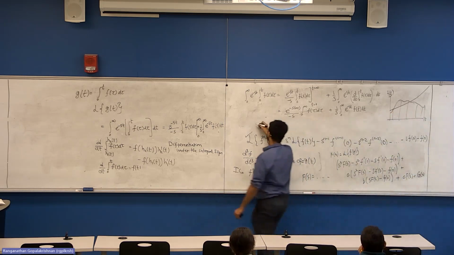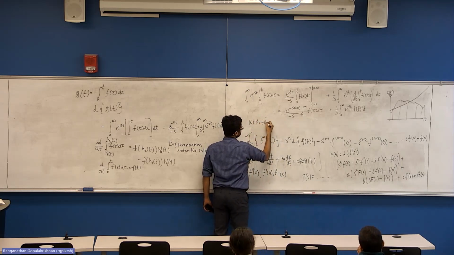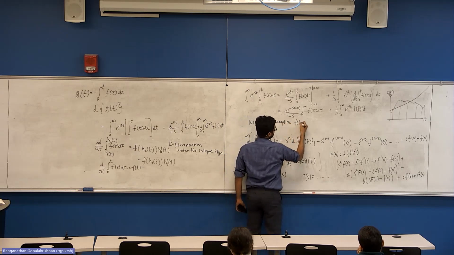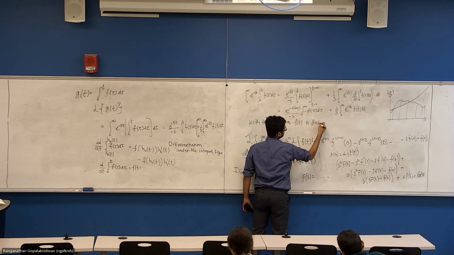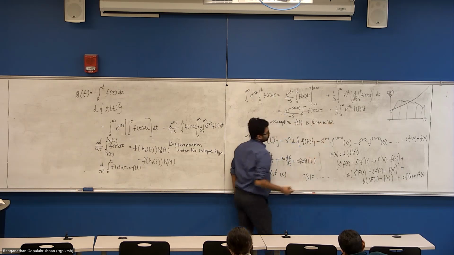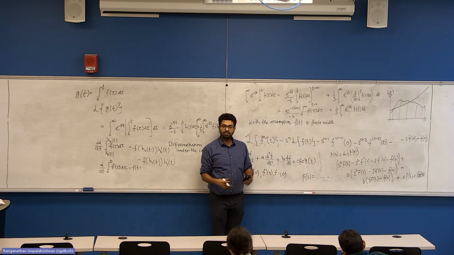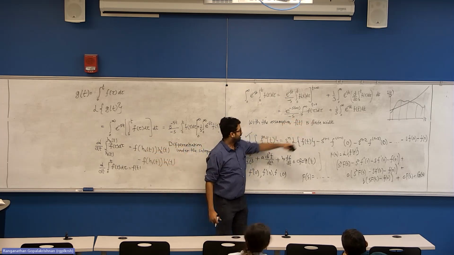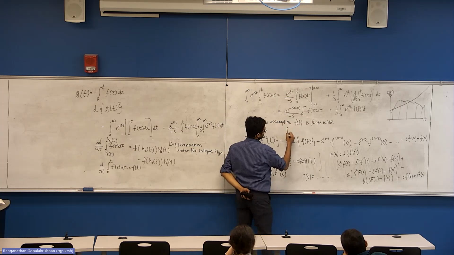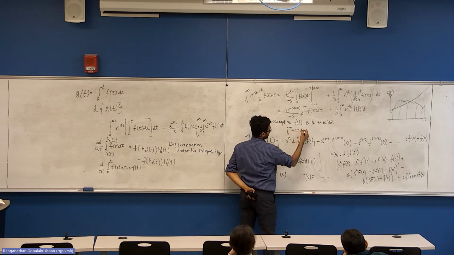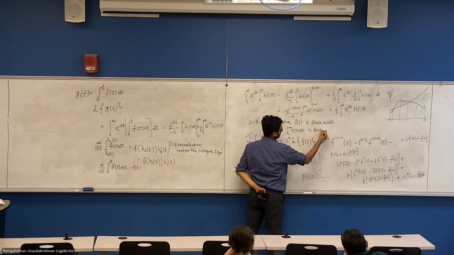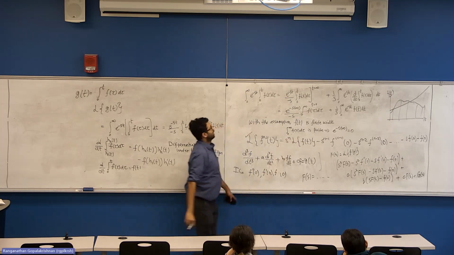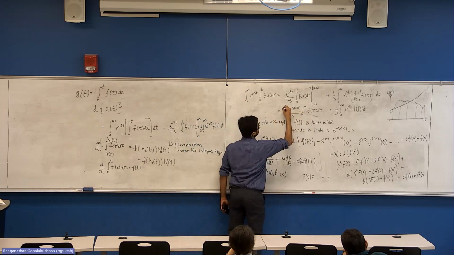So with the assumption that f of t is of finite width, after some time it has to decay to 0. It can't be a signal that forever keeps on increasing. That would make this integral go up. With that assumption, you can say the integral from 0 to infinity of f of tau d tau is finite, which implies e power minus s times infinity can be 0, and this whole term can be struck out.